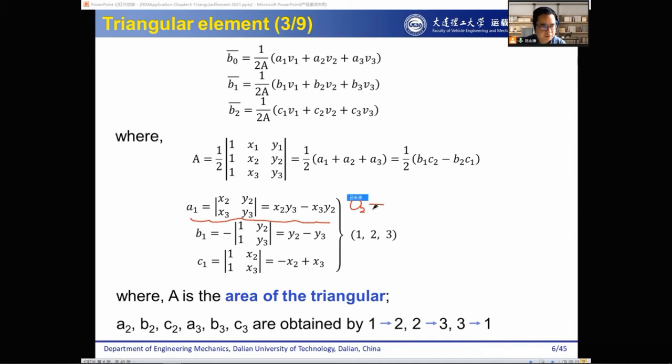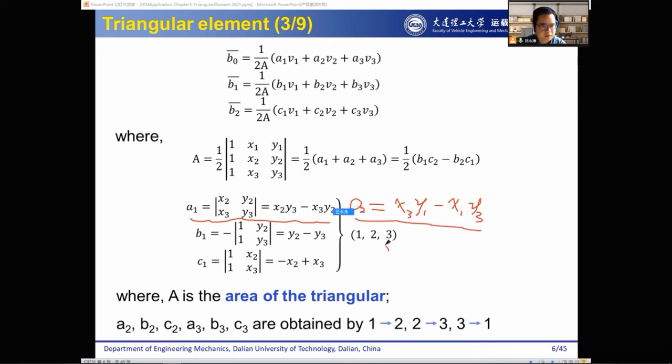We replace 1 with 2, and in the right hand side of the equation we also replace. We replace 2 with 3, and replace 3 with 1, and minus, we replace 3 with 1, replace 2 with 3. In this method we obtained A2.